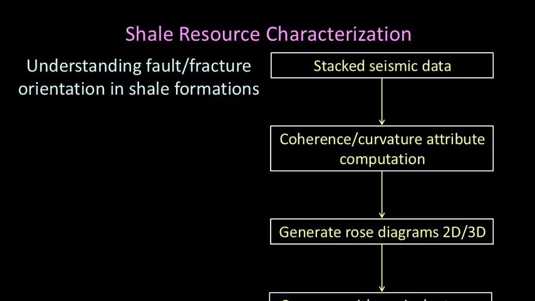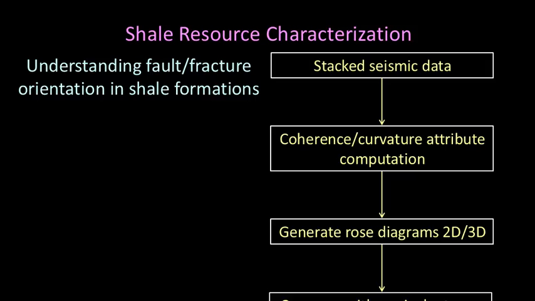Once you've done that, the next step is to correlate that with the available log control, and the log control I'm referring to here is the image logs, for example. The image logs give you the orientation and the intensity of the fractures. So we can generate rose diagrams on the coherence or curvature displays, especially if you have enhanced your images with an application like the Ant Tracker in Petrel.